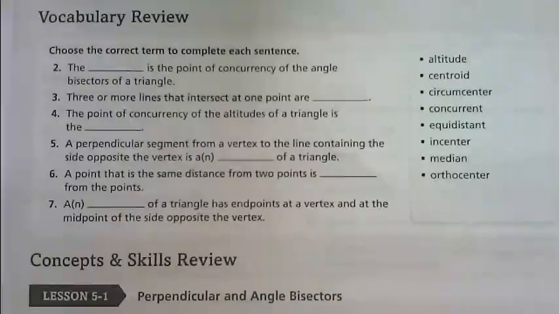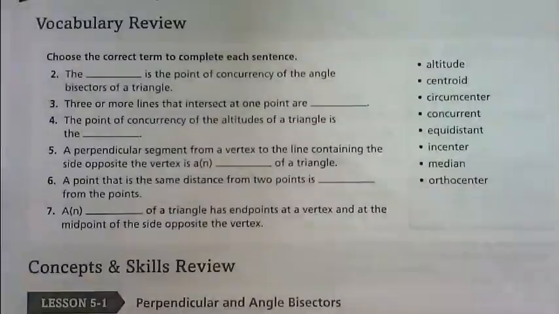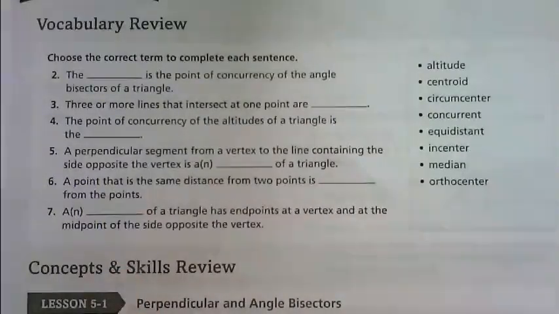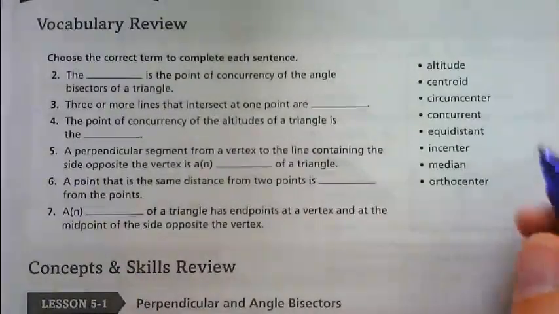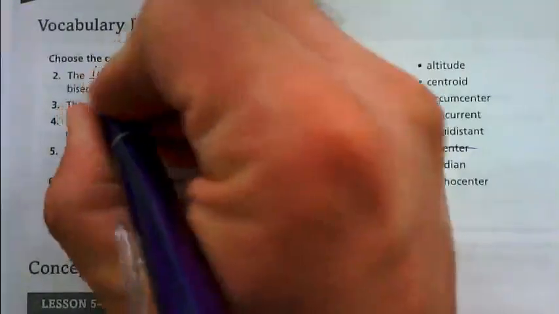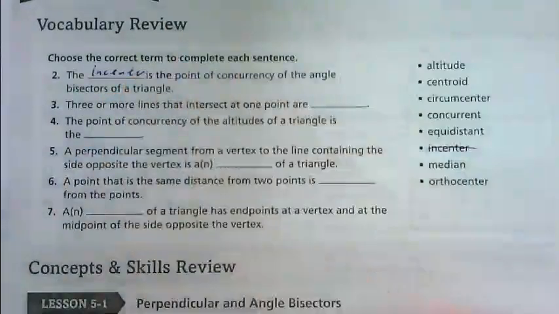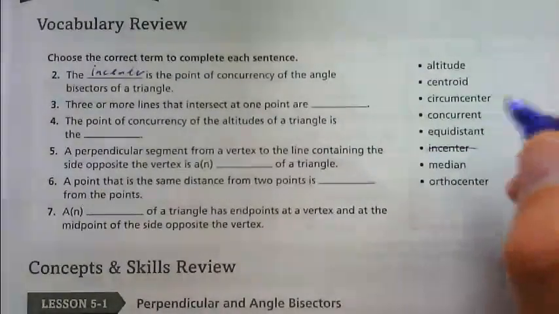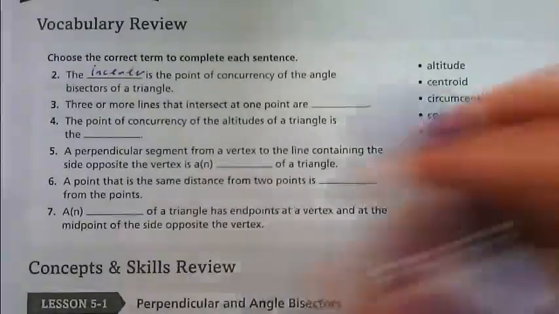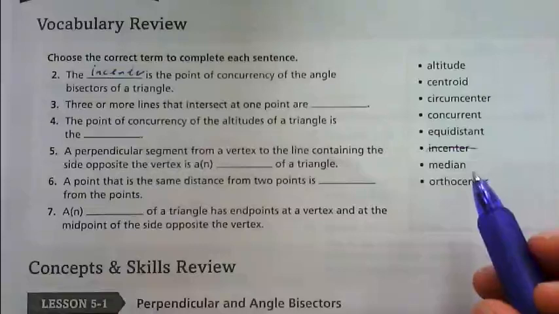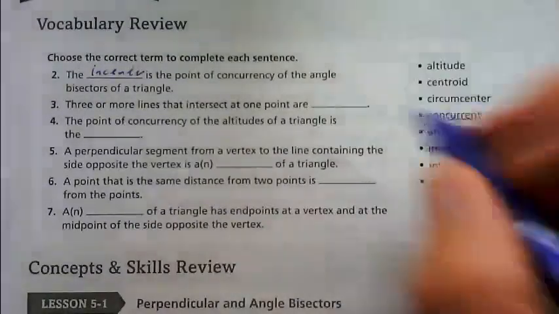Now for the vocab, we had a few different things. Number one, it said the blank is the point of concurrency of the angle bisectors. The angle bisectors all meet at the incenter. So that first one's incenter. Three or more lines that intersect at one point are, this is specifically talking about lines, concurrent lines.